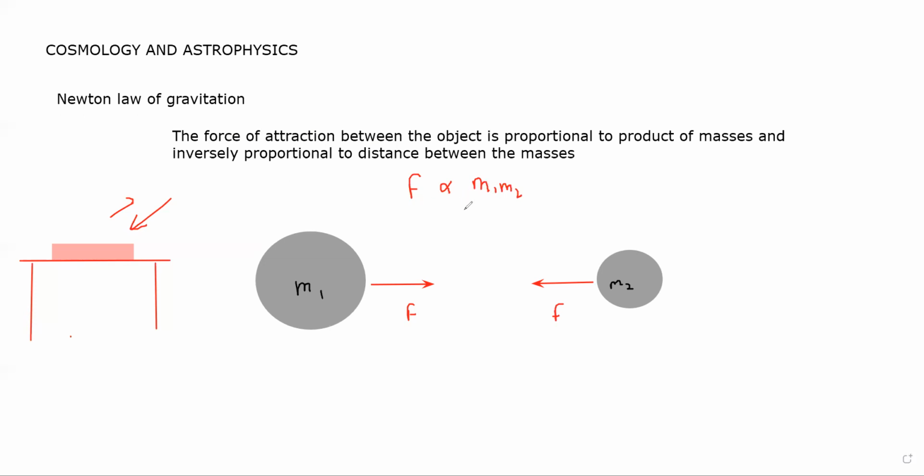So according to Newton's gravitation law, the force of attraction between the two masses is directly proportional to the product of the two masses, and it is inversely proportional to the square of the distance between the two. When we take a distance, we take it from their centers.